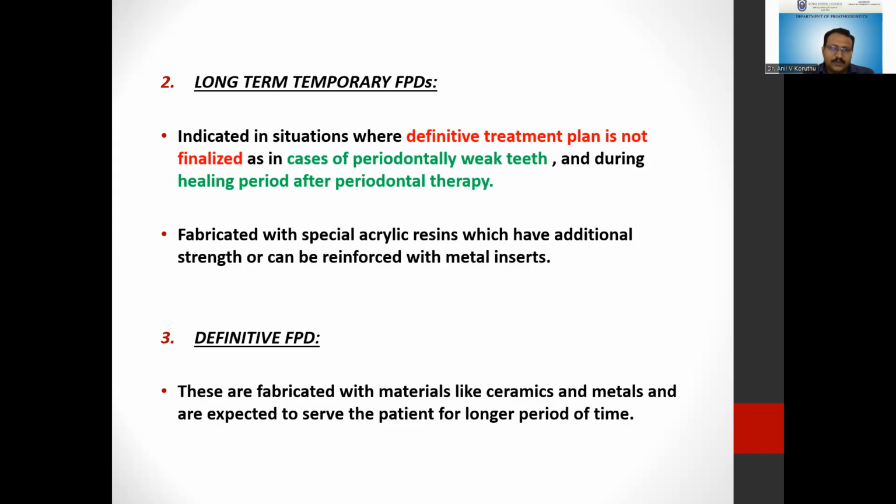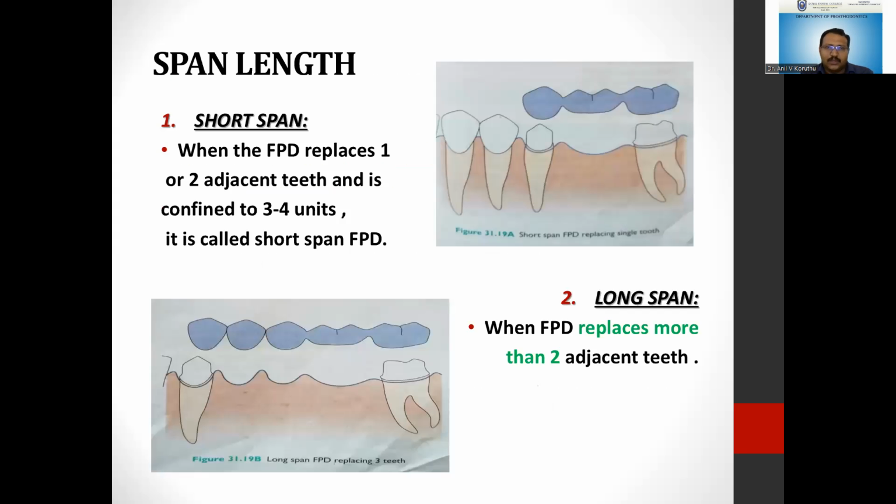So the fabrication is done with a special acrylic resin which has additional strength, or can be reinforced with metal inserts. Definitive FPDs are made of materials like ceramics and metals and are expected to serve the patient for a long period of time.